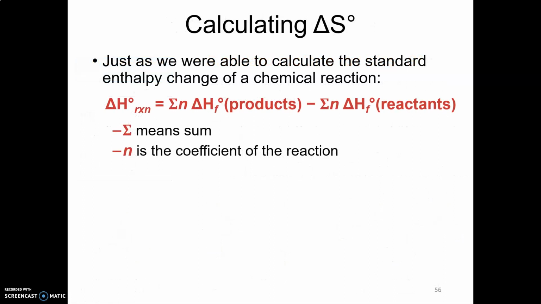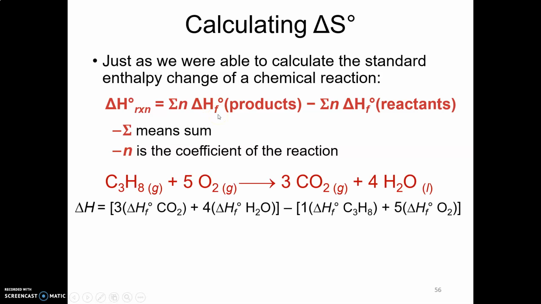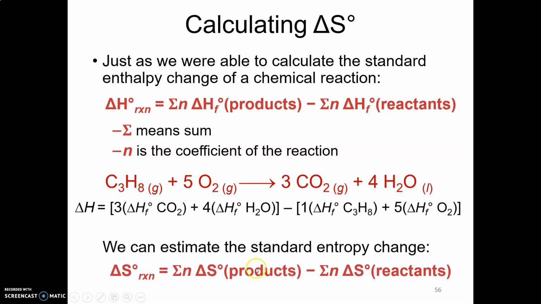Okay. So this should look very familiar to you, because we used this equation, and I've already mentioned it, to determine delta H reaction when we looked at the heats of formation. We're going to use this exact same equation, except instead of H's there will be capital S's, and they're not heats of formation, so it's not going to be an S F, it's just going to be an S. So here is your new equation.